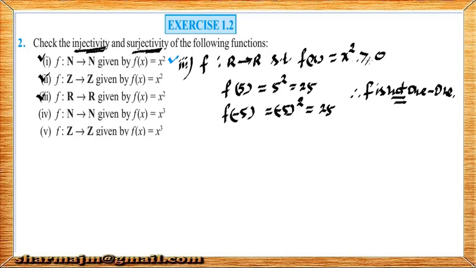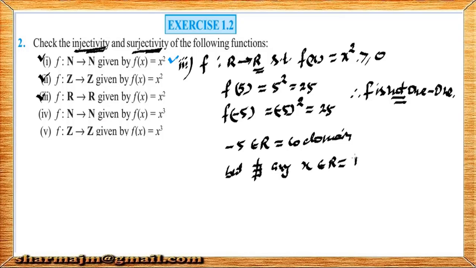So the images that will come will be non-negative, but on the right side, the codomain also has negative numbers. -5 is in R, that is codomain, but there does not exist any x in R, the domain of f, such that f of x is equal to -5.